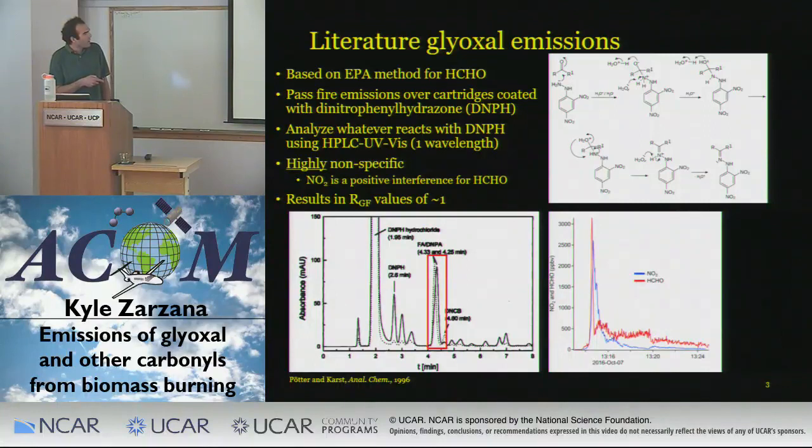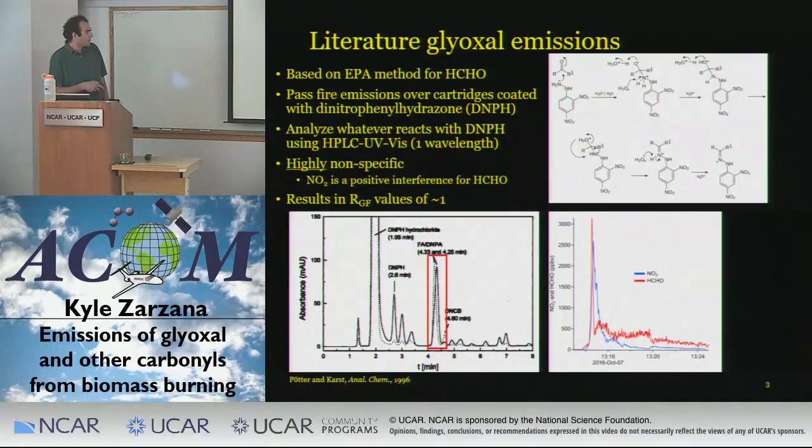And so DNPH does this chemistry with anything that's got a carbonyl group, forms some product that absorbs in the UV at around 340 nanometers. And then they tossed this product into a UV vis and said anything that came out at a certain retention time and absorbed, that must be Glyoxal. And this method is really not a good idea for using in biomass burning.